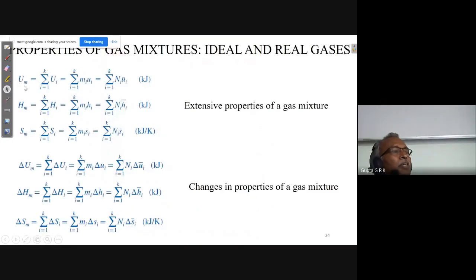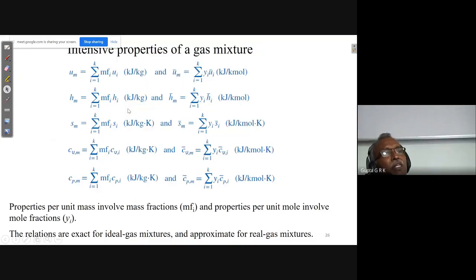In the same way, if I write number of moles into molar specific energy and divide by number of moles, Ni by Nm, I will get Yi. So that's what I get here, Yi Ui bar. In this way, I can find the intensive properties of a gas mixture: if I know the intensive property of each component, multiply by the mass fraction and add them.